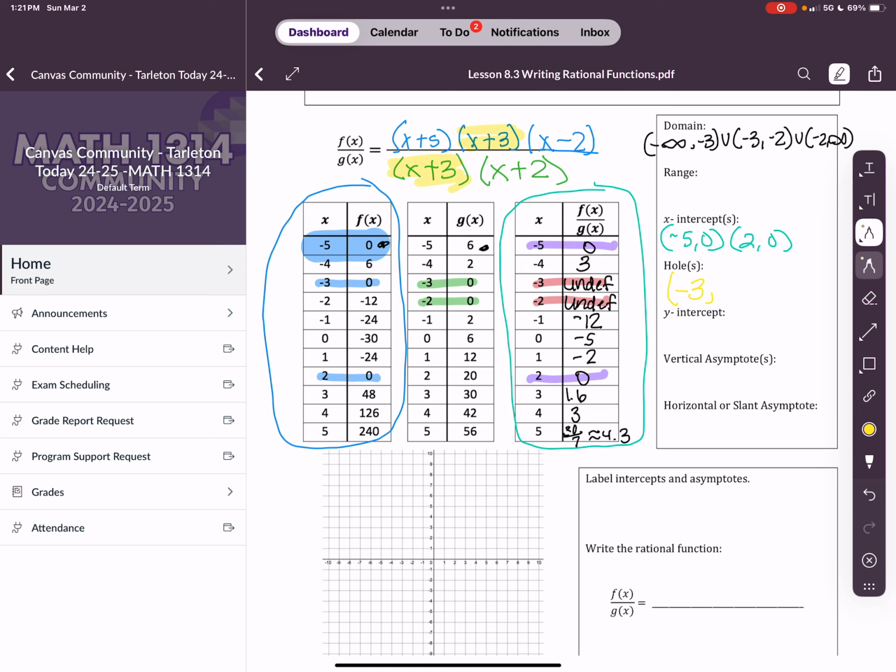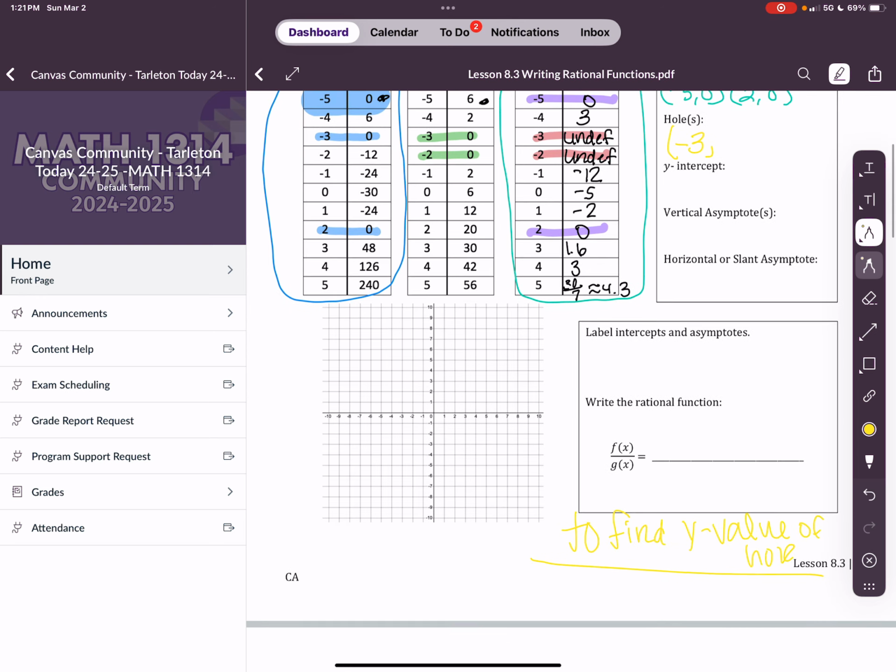The factors that I have not highlighted in yellow, that's what I'm going to be using. So I'm going to plug in my x value, which is -3, anywhere I see an x. So I have -3 plus 5, times -3 minus 2, over -3 plus 2.